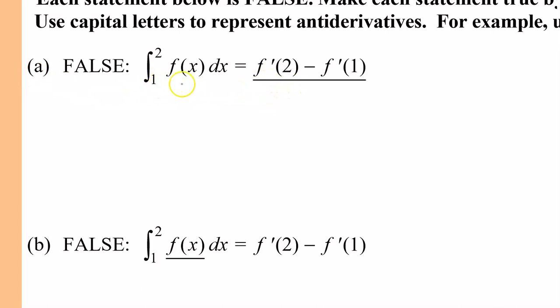When you take the integral of function f, you need to find the value of the antiderivative at the upper and lower limits of integration, not the derivative. So we need to replace this with capital F at 2 minus capital F at 1, the antiderivatives.